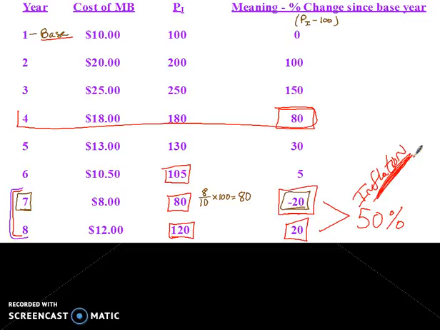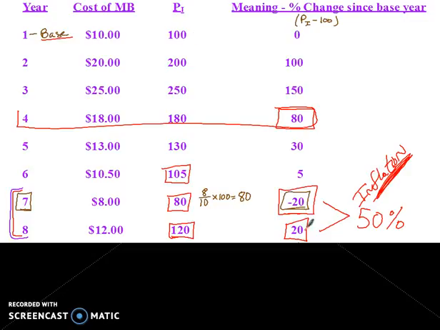So let me say this all over again. A price index gives us the percent change in prices since the base year. So we take my 80, subtract away 100, and we can say prices are 20% lower than they were back here in the base year. Year 8, the price index is 120 minus 100 gives me 20. Prices were 20% higher than they were back in the base year.